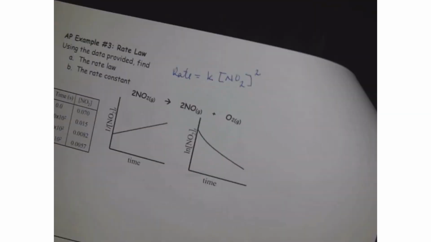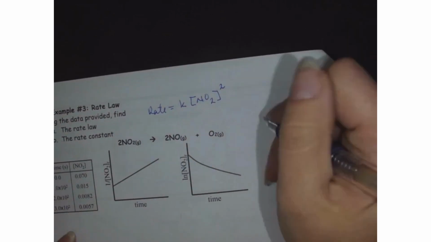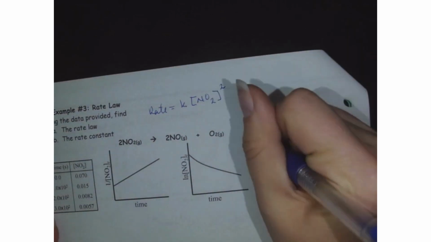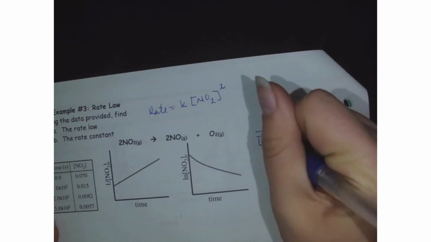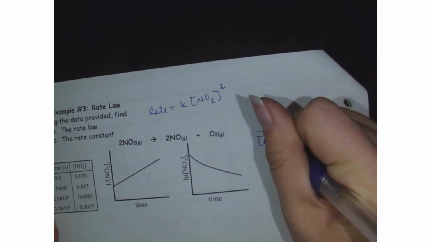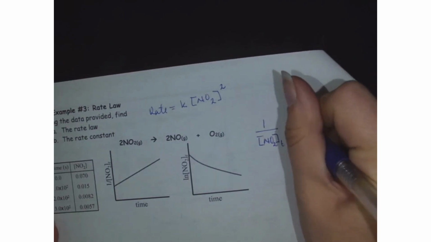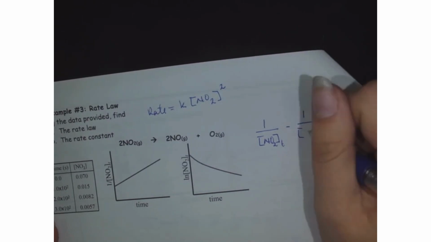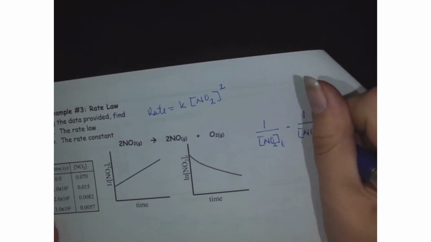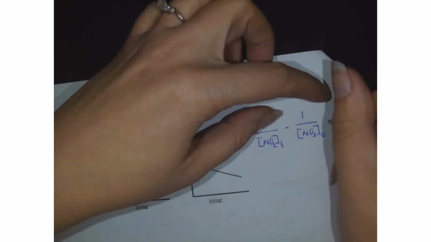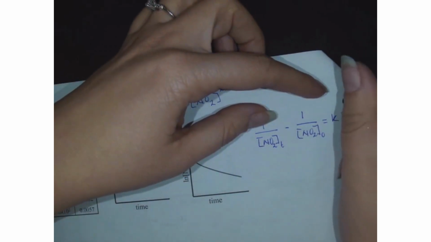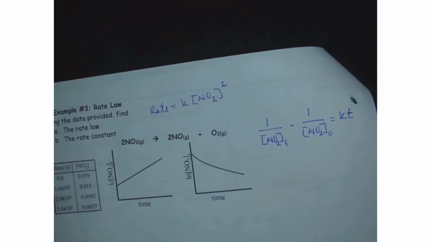And in this one, it says that if I take 1 over the concentration of nitrogen dioxide at some given time, and I subtract it from 1 divided by the concentration of nitrogen dioxide at time 0, that's going to equal K multiplied by this time.